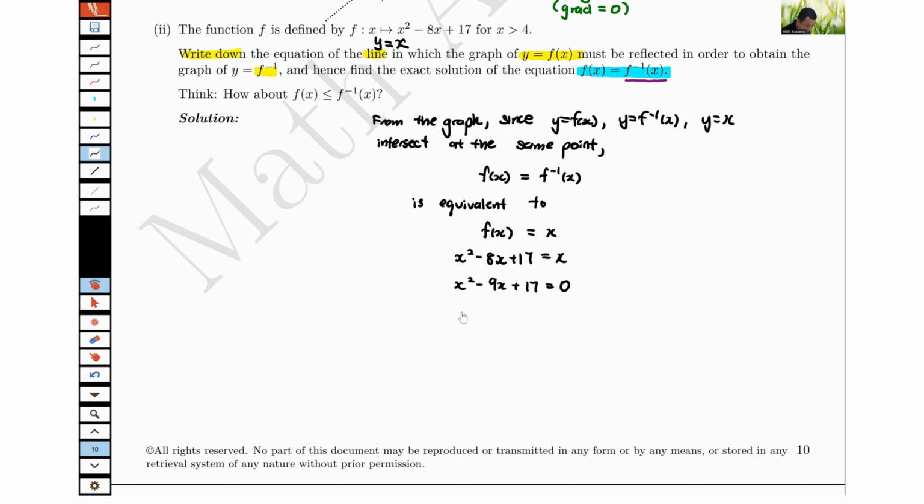They want us to find exact, so unfortunately you have to go for your quadratic formula. Negative b plus minus square root of b squared minus 4ac.